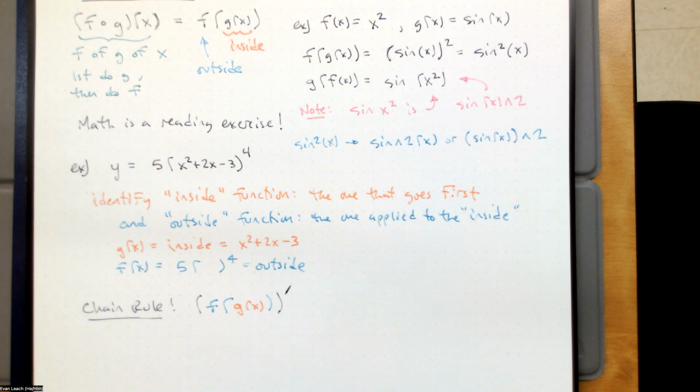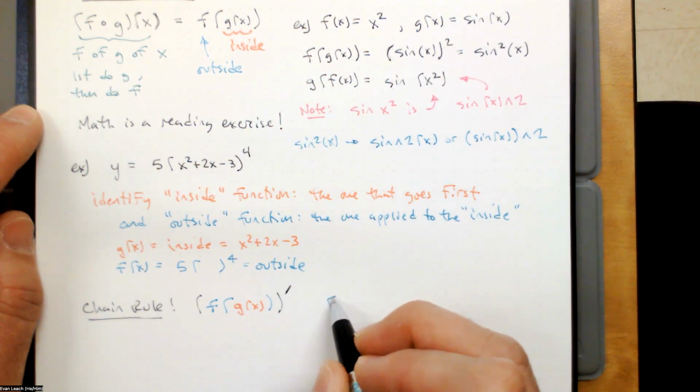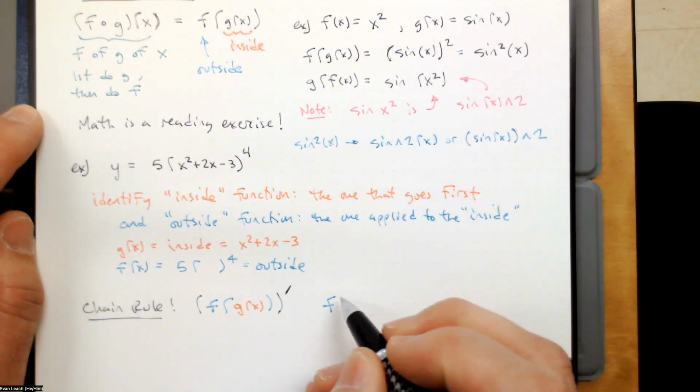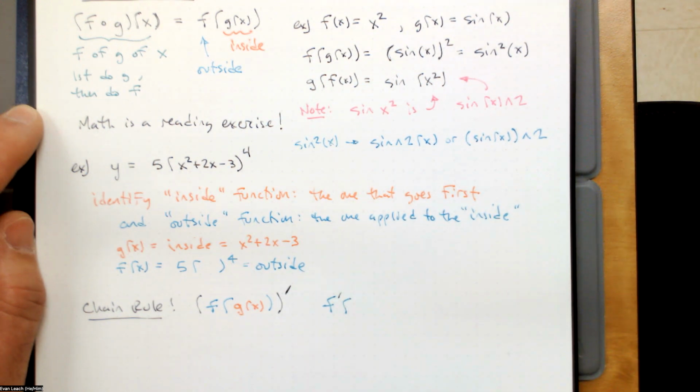Here are the words that I use for the chain rule. I say take the derivative of the outside with respect to the inside. The other way I say that is take the derivative of the outside, leaving the inside alone. So that looks like take the derivative of f with respect to g.